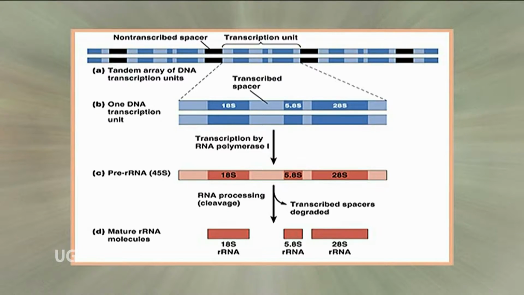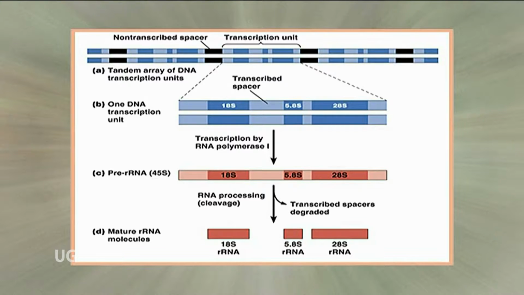Ribosome assembly begins with the transcription of pre-rRNA by RNA polymerase I. Ribosomal and non-ribosomal proteins and 5S RNA associate with the pre-rRNA during and after transcription.